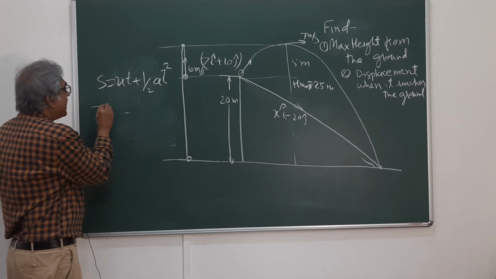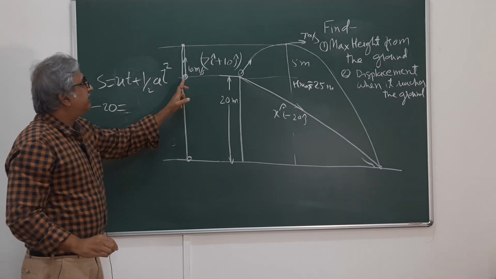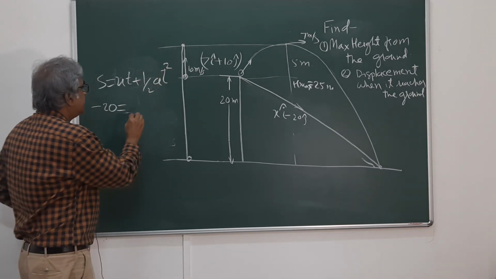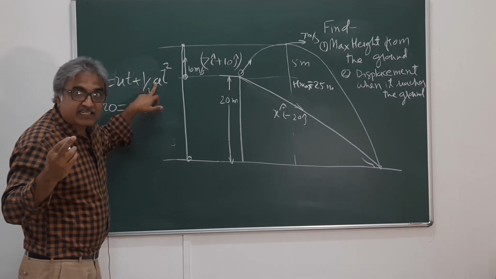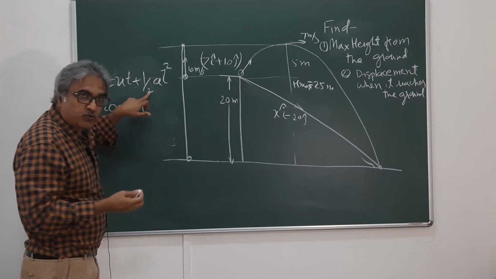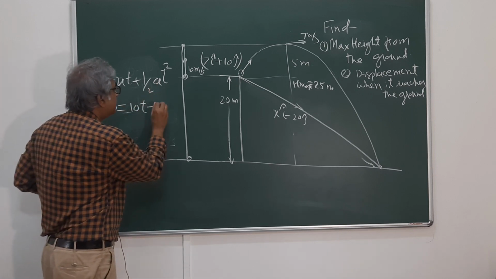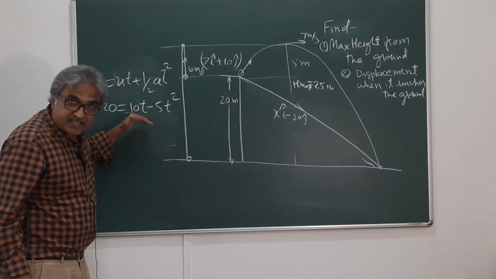So we can say S is minus 20. Initial U is initial velocity, which is upward 10. So it is 10t plus, a is minus 10, its acceleration 10 meters per second square. 10 by 2 is 5, so it is minus 5t square. Okay, so we can get time from this.